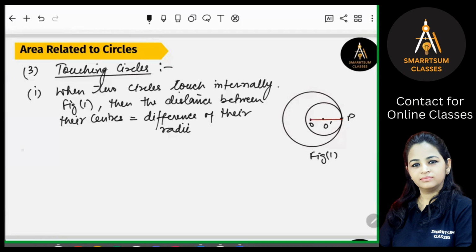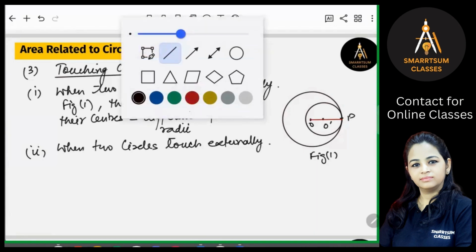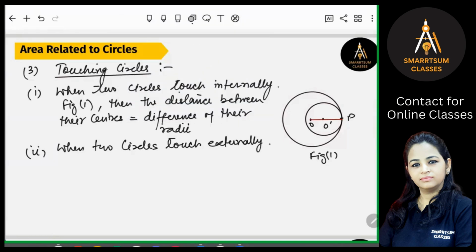Now, second point, when two circles touch externally, it means this time the circles are like this.